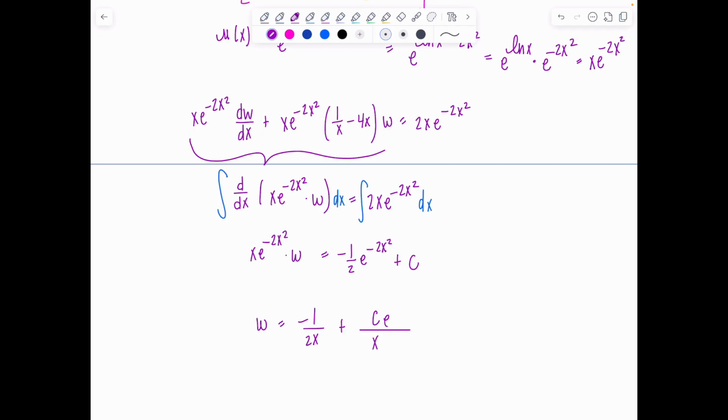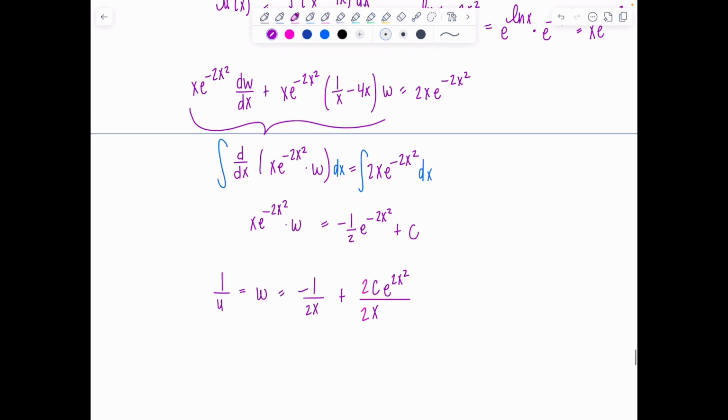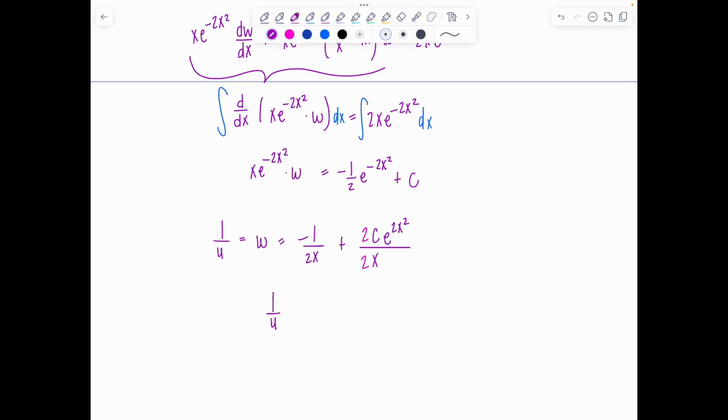Actually, if I put it here, then it's positive, right? Isn't that nice? Okay, I know I'm going to want to switch back to u and flip it in that case because w is 1 over u, right? So I would love it if I had a common denominator. So let's do that. So 1 over u equals 2c e to the 2x squared minus 1 over 2x.